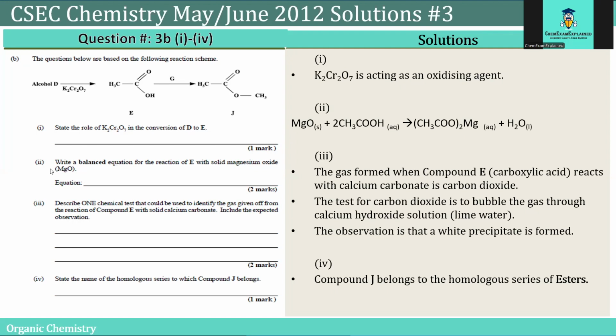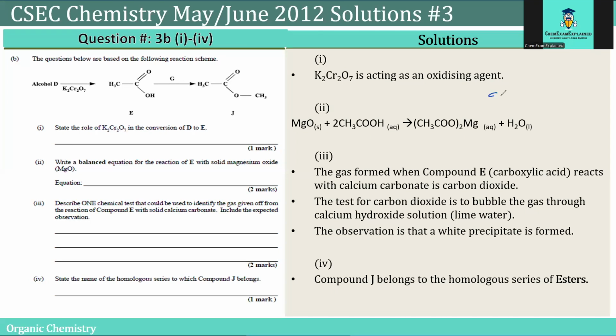Part 2, write a balanced equation for the reaction of E with solid magnesium oxide. E is a carboxylic acid, and if you react it with solid magnesium oxide, you are reacting an acid with a base. So we are going to produce a salt and water. So magnesium would displace the H from the acid, and so you'd form magnesium ethanoate.